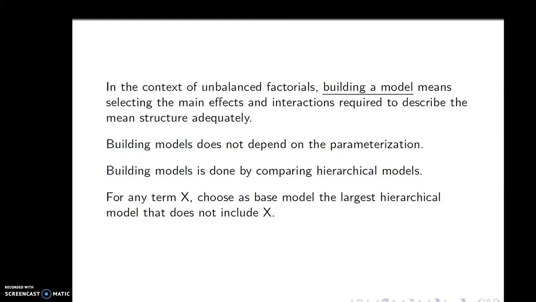And we also need to build models by comparing the hierarchy. That means for any term X, we choose as a base model the largest hierarchical model that doesn't include X. This is a good way to go about it so that we're always partitioning the added sum of squares for a particular term X with reference to that base model.